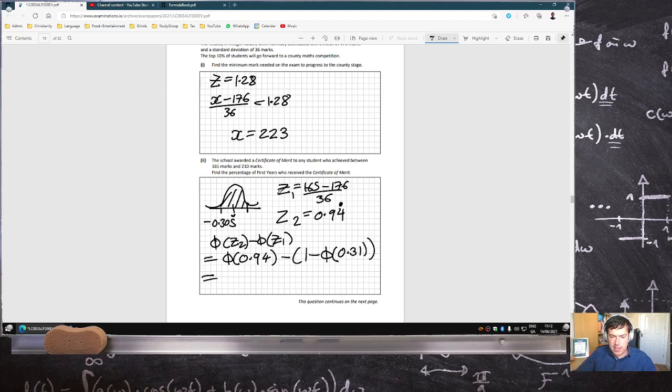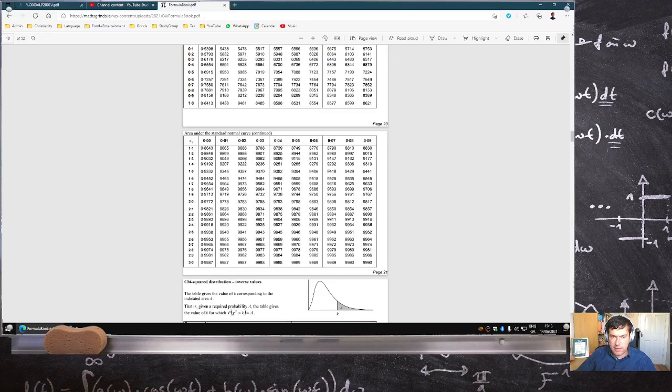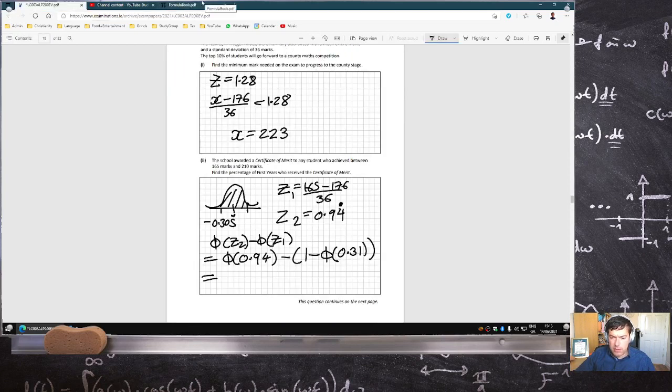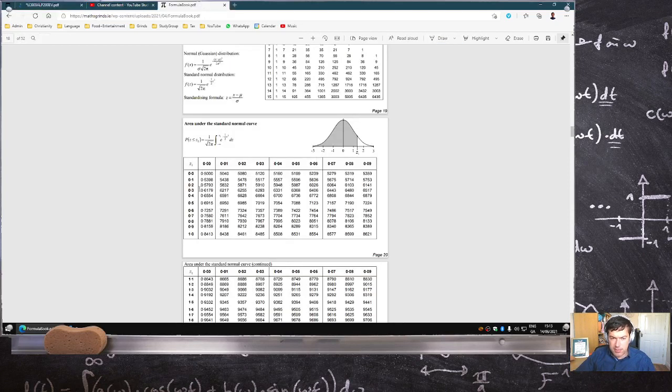So let's see, 0.94 is 0.8264, and then 1 minus, and then we have to look at 0.31, which is here, 0.6217, plus 1 minus 0.6271.